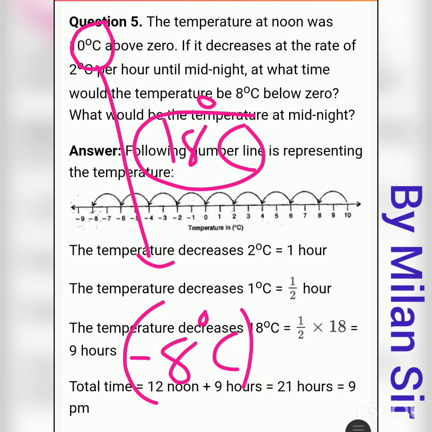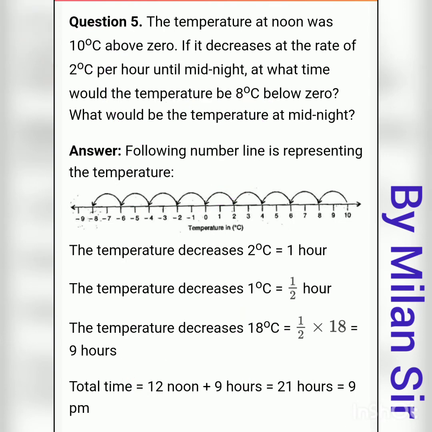For that, one rate is given to you: 2 degrees Celsius per hour, and we want to decrease by 18 degrees Celsius. So for 2 degrees Celsius, 1 hour.